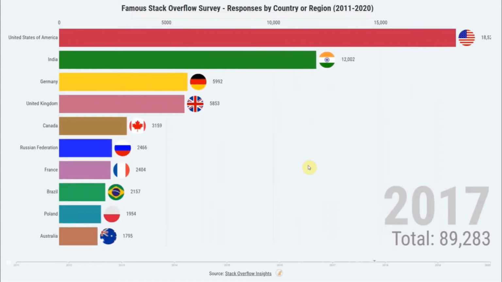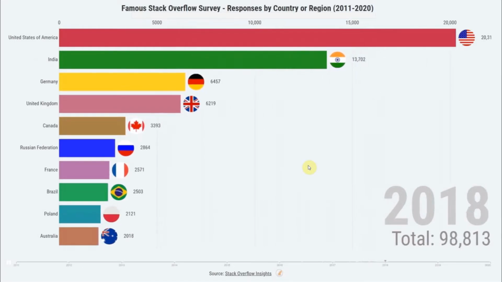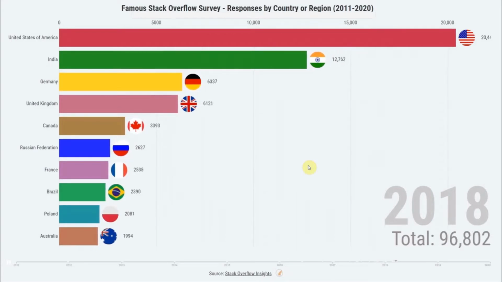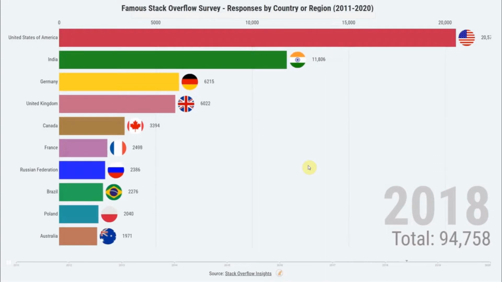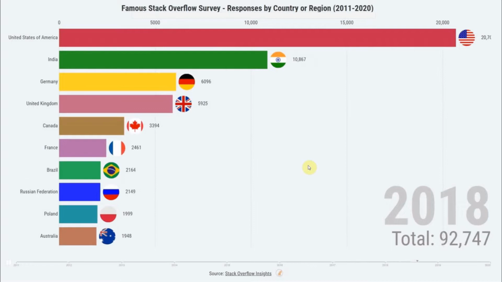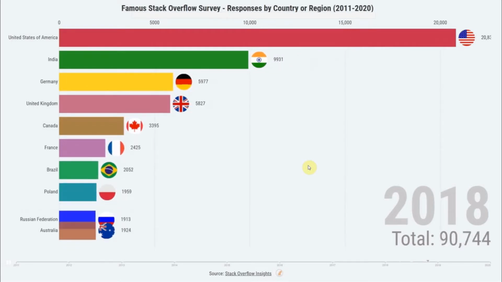So we're getting close to 100k responses in total, almost. Again, United States on the first position with just a little 2000k. India about 10k.